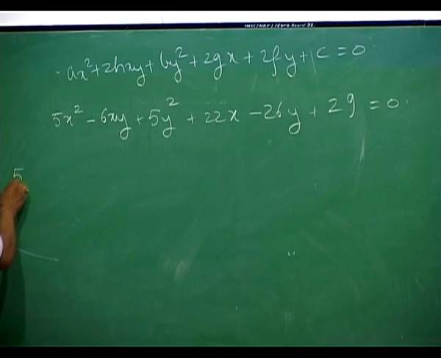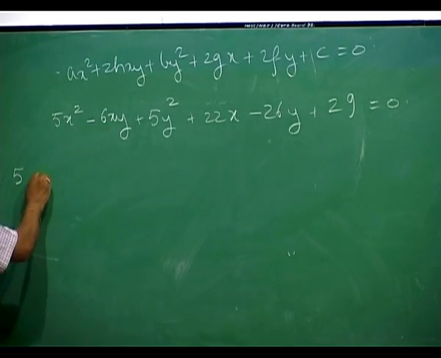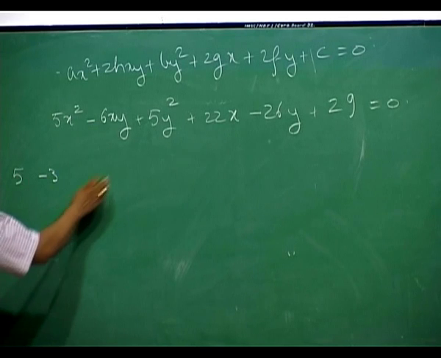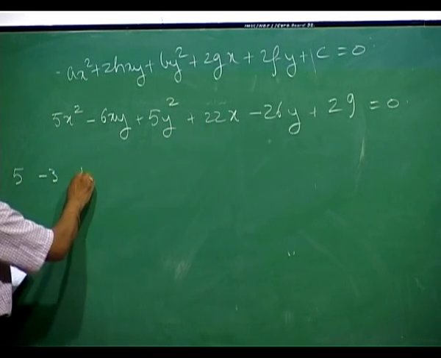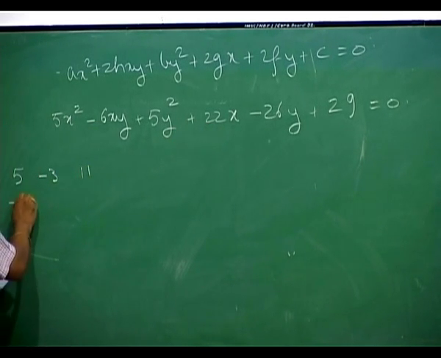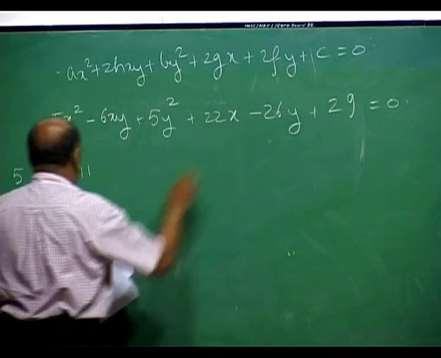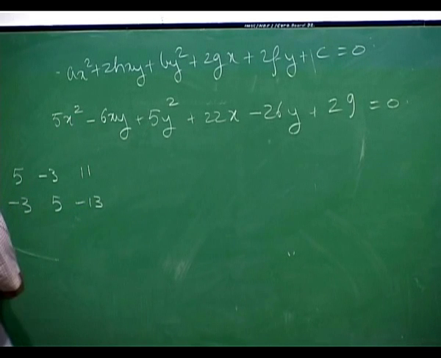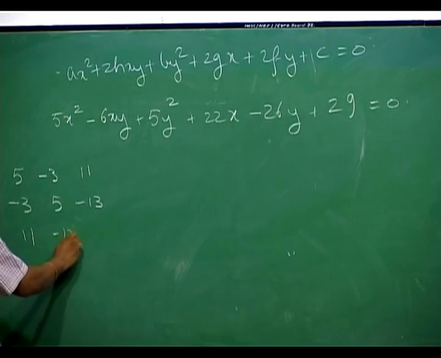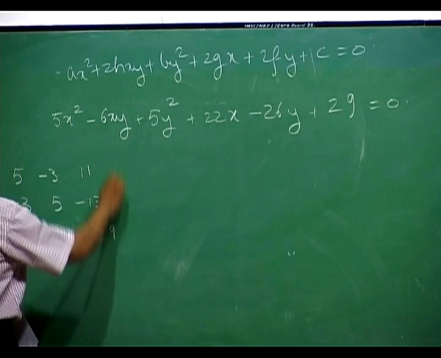So a is 5, this is 2h, so h is minus 3, this is 2g, so g is 11, b is 5, 2f is minus 26, so f is minus 13, then it's a symmetric matrix, and c is 29.